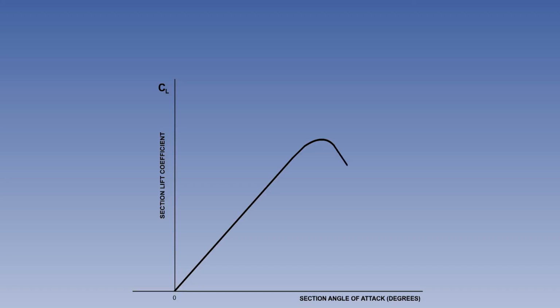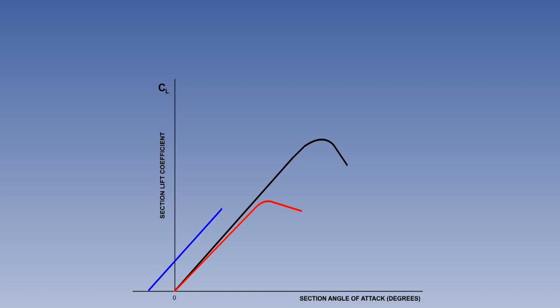In comparison, the curve for a symmetrical aerofoil of 6% thickness shows that it will produce less lift at any given angle of attack, and reach its CL max at a lower angle of attack and at a much lower value than the 12% section, which has a CL max some 70% greater.